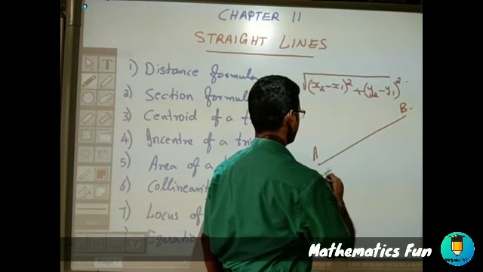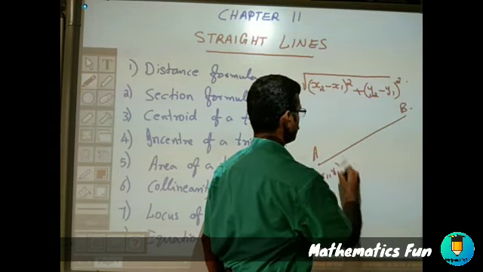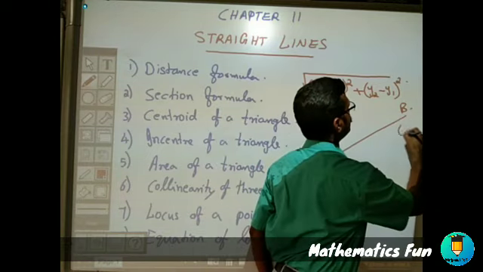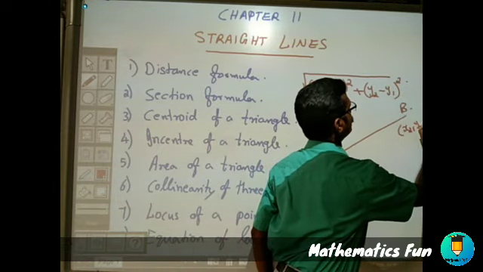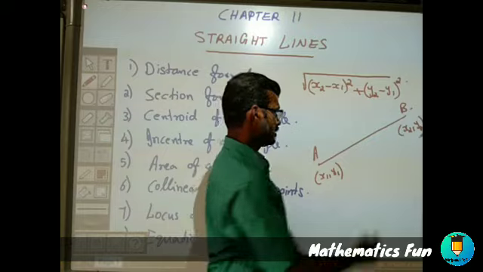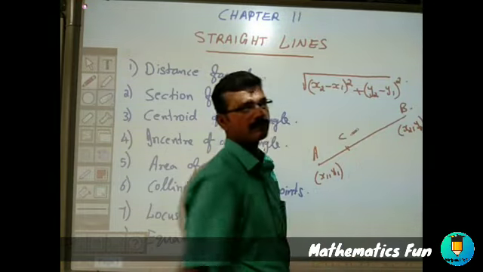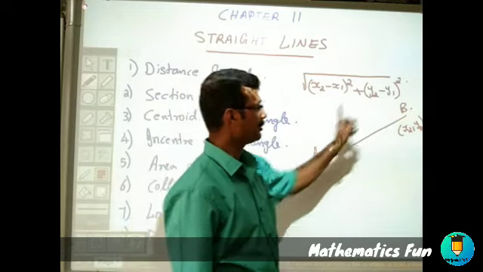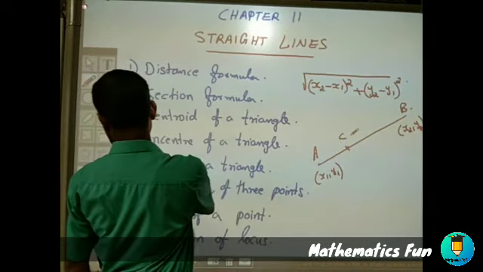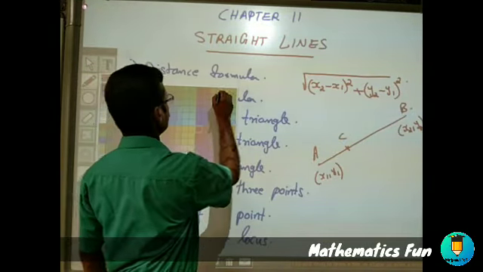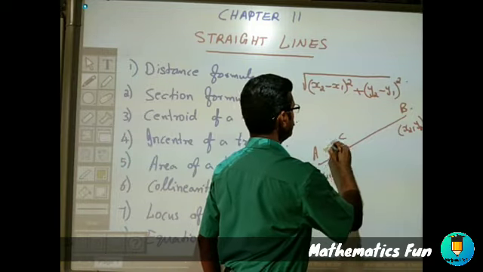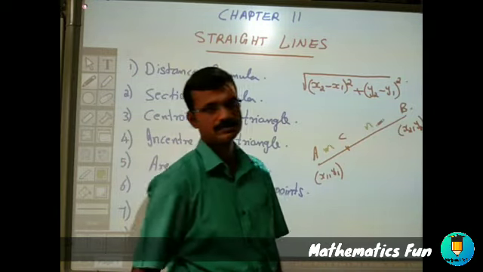A is the point (x1, y1), B is (x2, y2). And there is a point in between A and B, let it be C. And C divides AB in a ratio, let the ratio be m is to n.